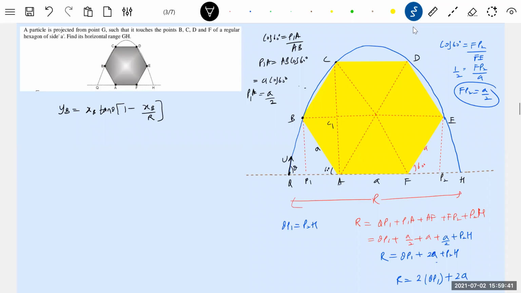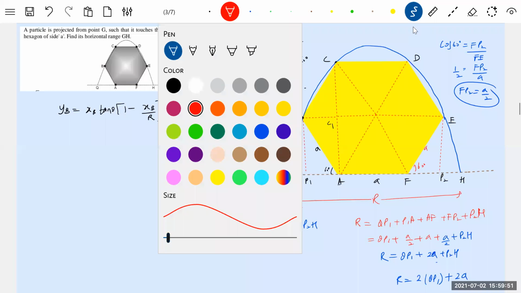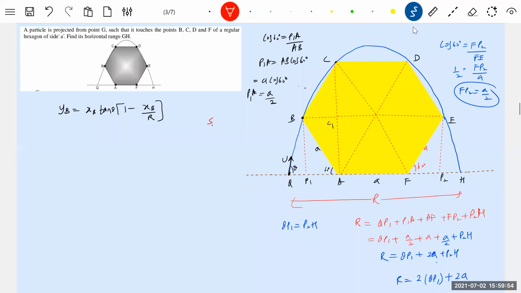I have this triangle, sine 60 degrees equal to BP1 by BA. So what is BP1? BP1 should be equal to A root 3 by 2. BP1.